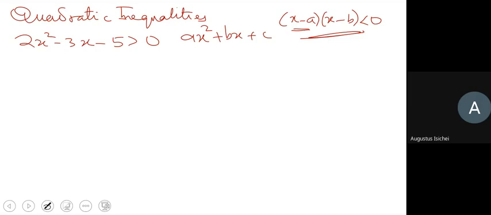First of all, multiply the coefficient of x squared by minus 5. So 2 times minus 5 will give us minus 10. Now you've gotten this answer. What do you want to do next?